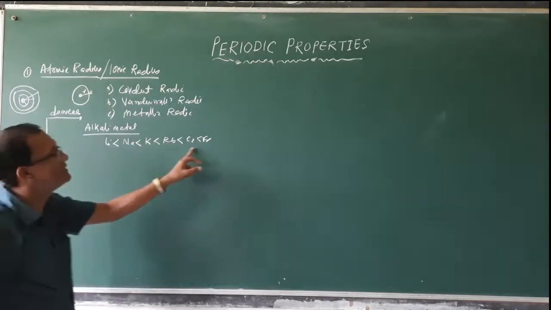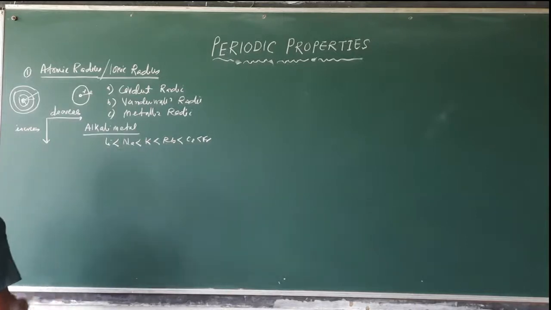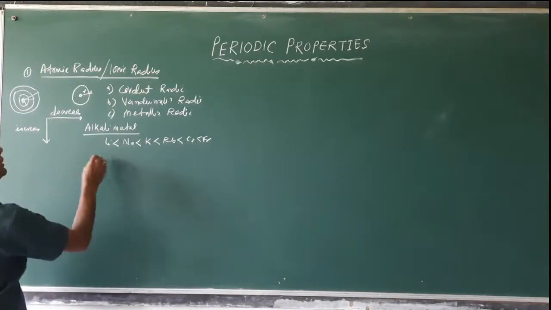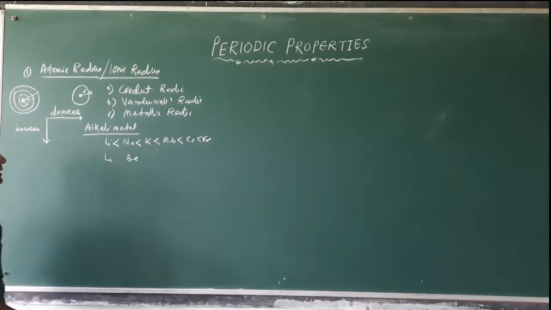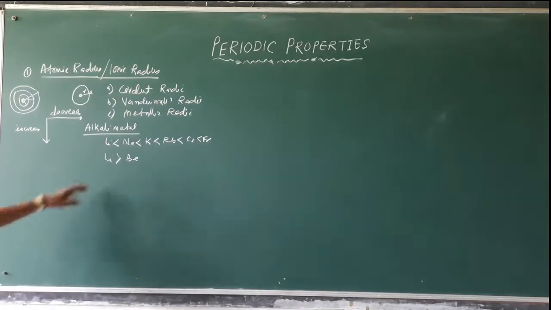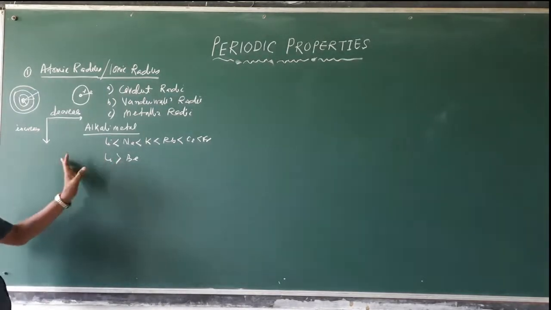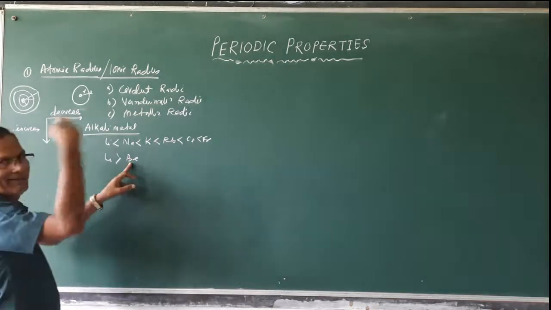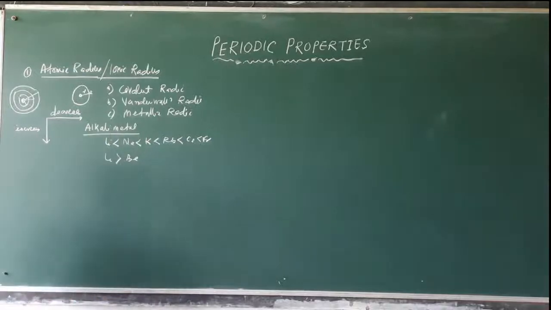So size increases down the group. If you take different groups, suppose between lithium and beryllium, lithium will be larger than beryllium, because beryllium is in the next group, from left to right. If you move from left to right, size decreases.